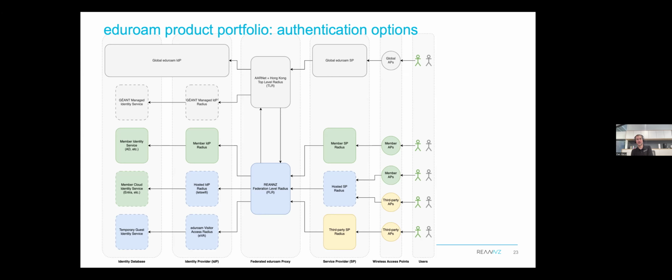So the solution to turning off the guest Wi-Fi network and making everyone use eduroam is to issue temporary eduroam credentials to the visitors who don't have eduroam accounts. So that's what the eduroam visitor access service is for.